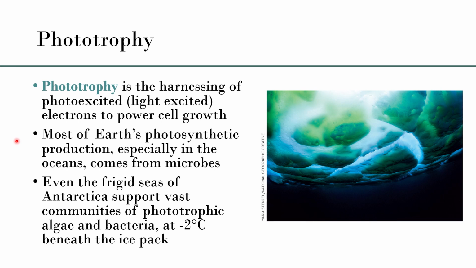Now, a lot of us think we oxygenate the planet using things like plants and trees, and that's what drives most of the oxygen production on Earth. While they're obviously very important, that is not true. Much more than 50% of the oxygen formation on this planet is due to photosynthetic organisms in the ocean, most of them microbes. Without the microbes in the ocean, we would not have nearly as much oxygen as we would like.